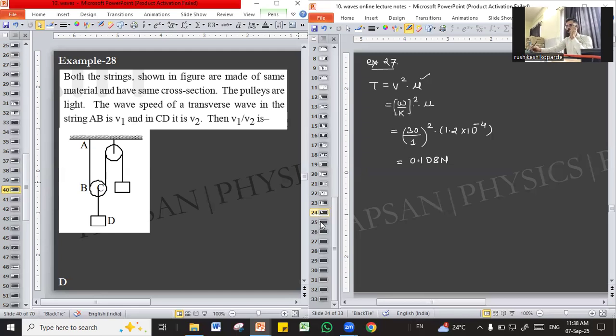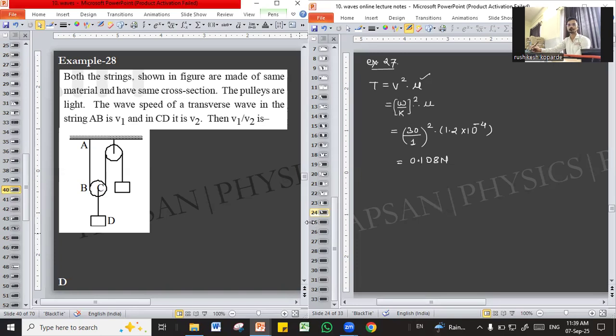What is the answer? Under root 1 by 2. Ignore the options. Tell me the numerical value. What is the value of v1 by v2? Under root 1 by 2.